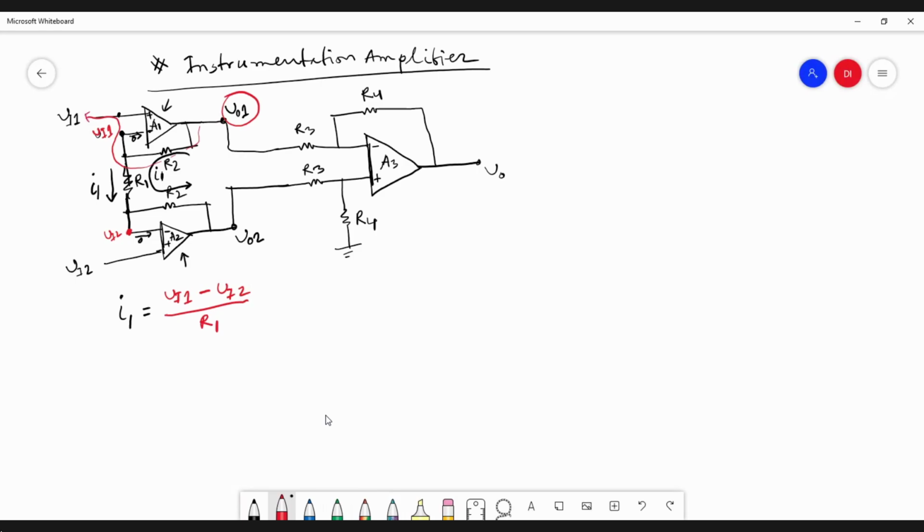So V01 will be VI1 plus I1 R2, if you consider this loop from here. Then we can rearrange this.